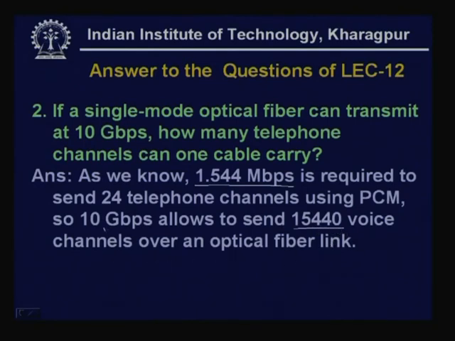You can do the calculation, you will find that considering 24 channels per 1.544, you will be able to send 15,440 voice channels through a 10 gigabits per second channel in an optical fiber. So, you can see large number of voice signals can be sent through a single optical fiber.